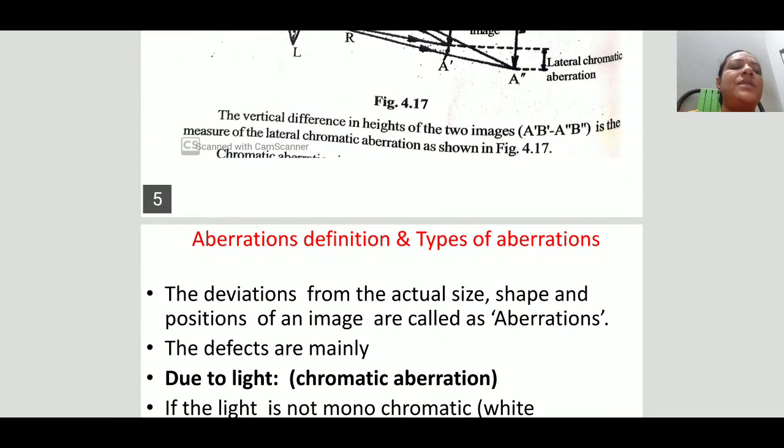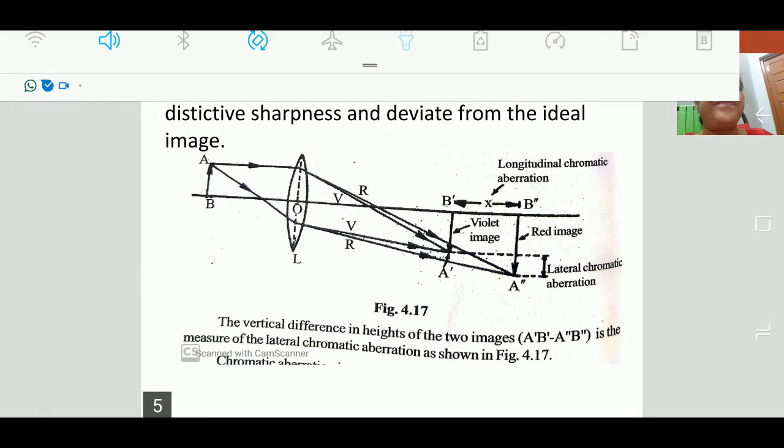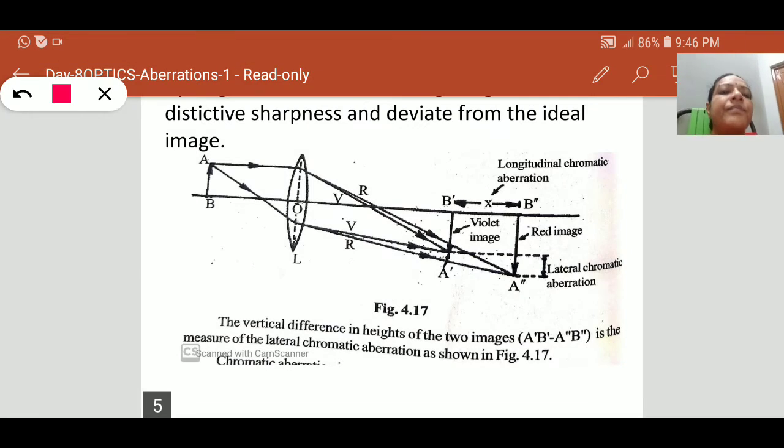See here, if you are observing, one optical system is here, say this is a lens system, this is an object, and the rays are incident on the lens system like this. After incidence, they get refracted as well as split into 7 colors, but these 7 colors do not meet at a single point. You are observing different rays converging at different points, here and here.